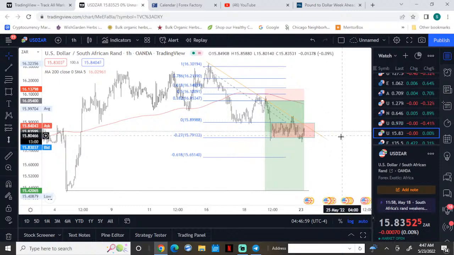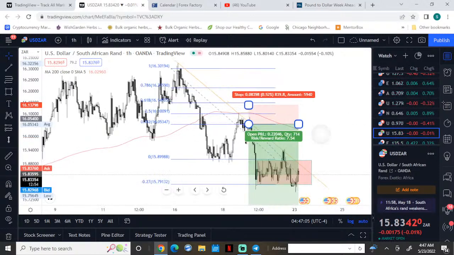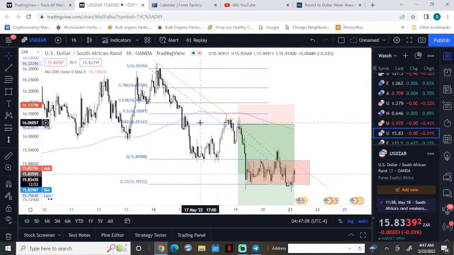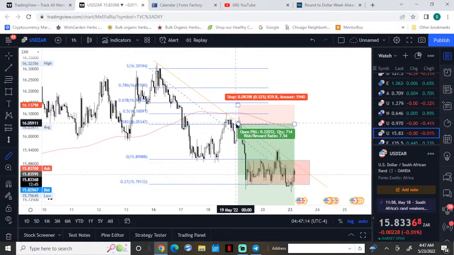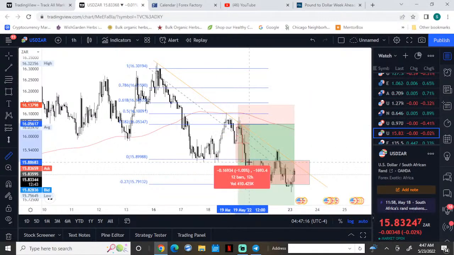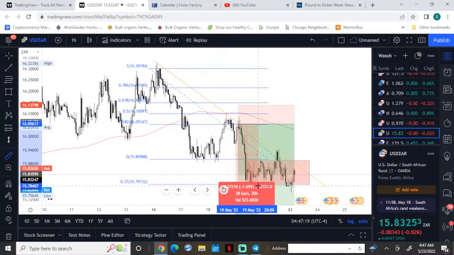So I'm going to delete this, but this was definitely came to the 382 reverse. That was some nice pippage. I just placed this position just because I was going to keep an eye on it. Still am.